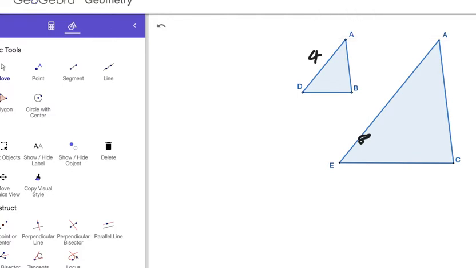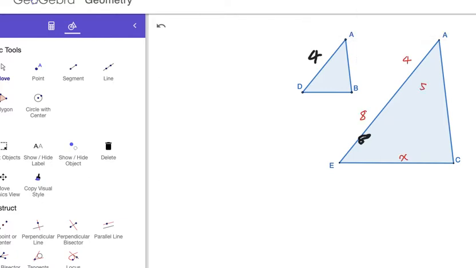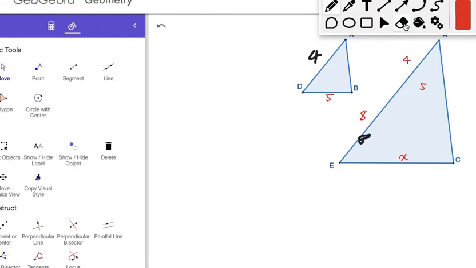Okay, so as we mentioned, this is 5. Let's redraw this part, and this is 8, and this is x. So we are going to erase this 5 here and see what is going on.